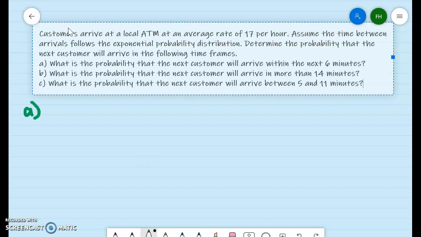We want to know the next 6 minutes. So we're going to do the probability that X is, if it says the next 6 minutes, that would mean 6 or less. So our formula is 1 minus E.